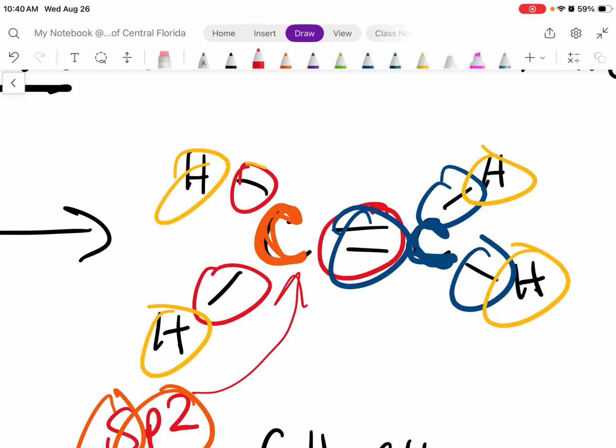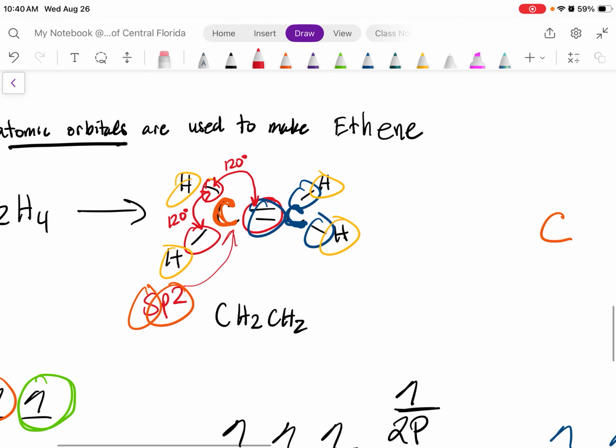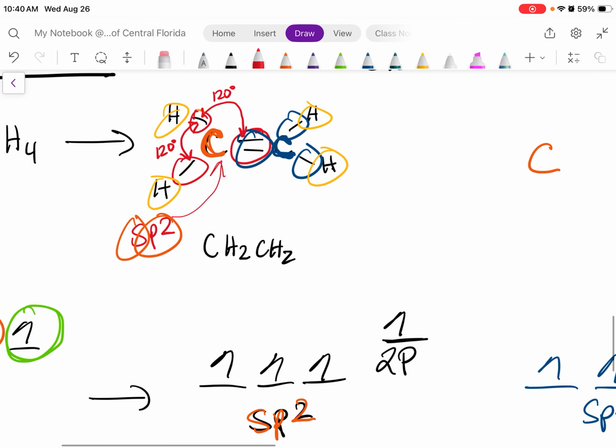Let's zoom in here. What's the bond angle from there to there? That's going to be 120 degrees. What's the bond angle between the two hydrogens? That's also 120 degrees. And we saw from the program that that orange carbon is trigonal planar. That's the molecular geometry.